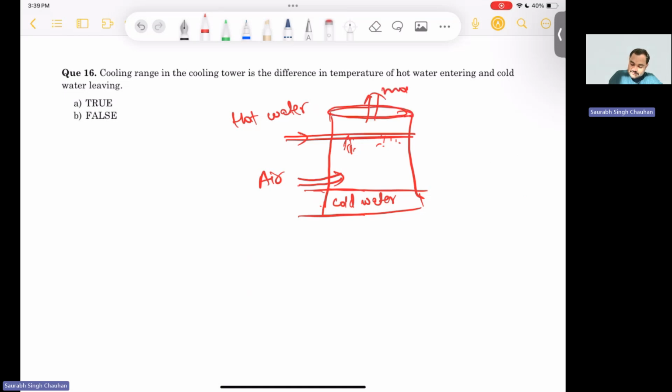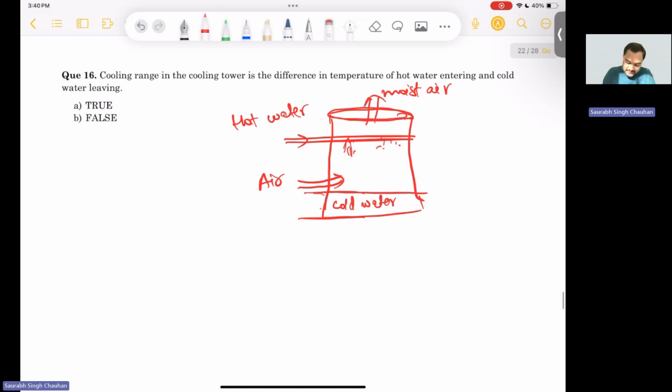This moist air is lighter than air, so it can go to the environment. So this is the temperature of hot water, this is the temperature of cold water, so this difference is called the cooling range. So the statement is correct. Sometimes we use a fan, sometimes we use big natural draft towers.